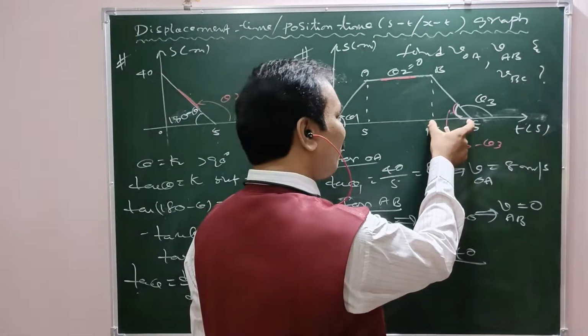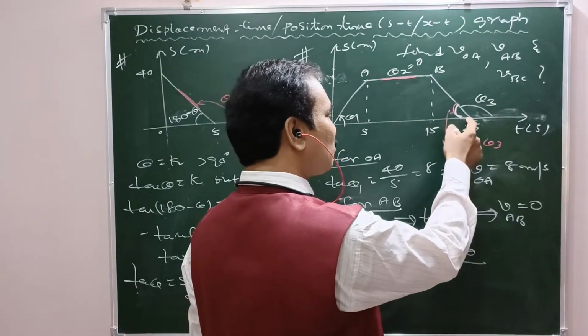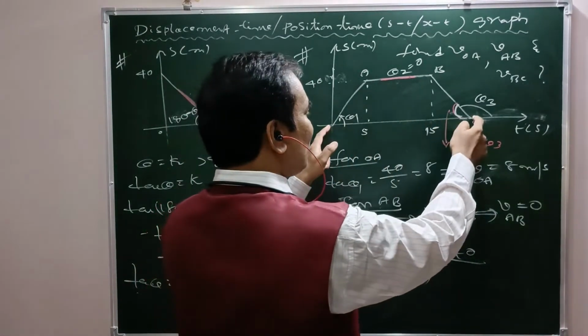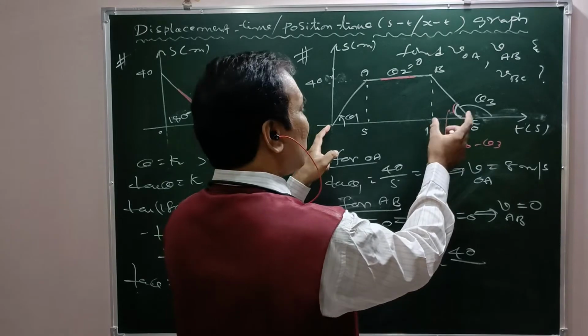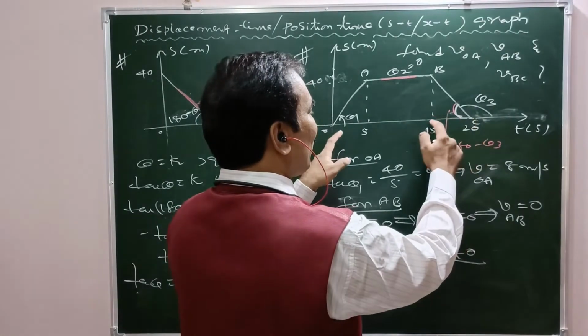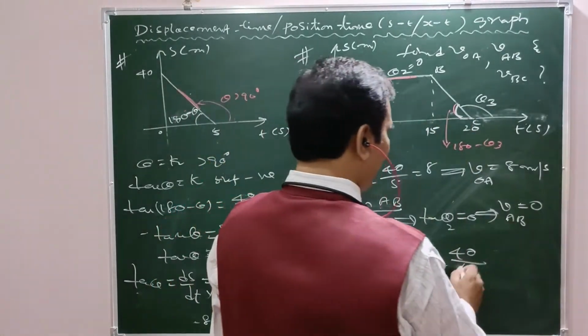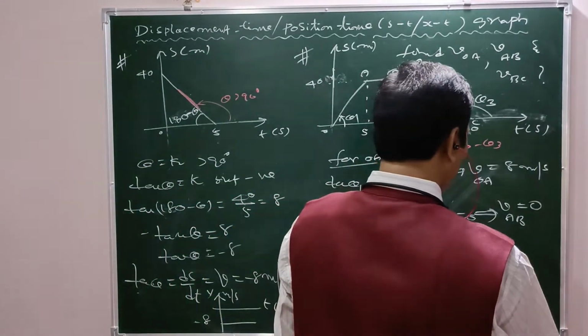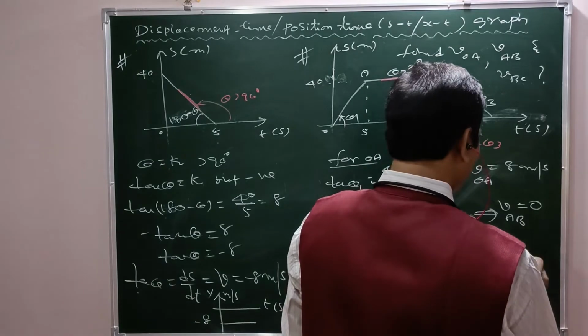See, what is the interval here? It is 15, here it is 20. What is the difference here? 5, because from here 20 seconds, from there 15 seconds. 20 minus 15, that is 5. Now that is 40 by 5, which means plus 8.